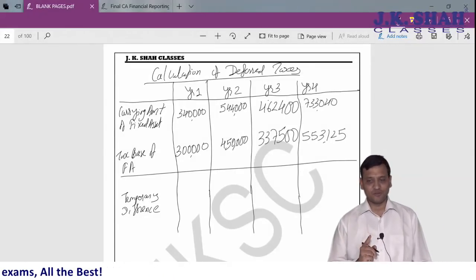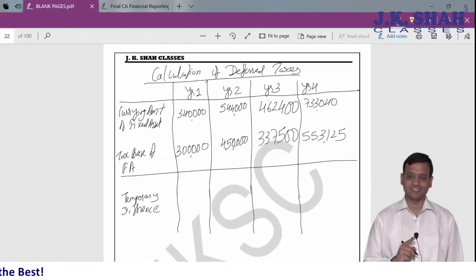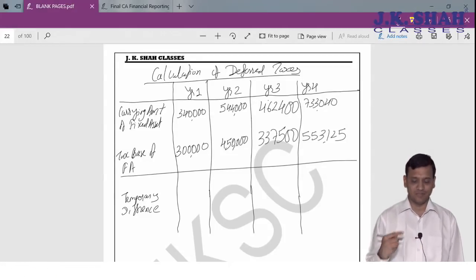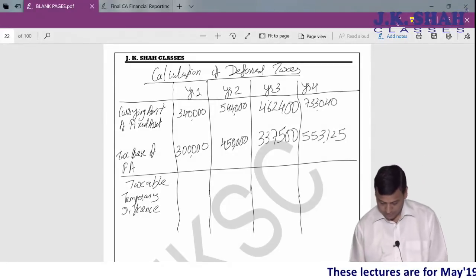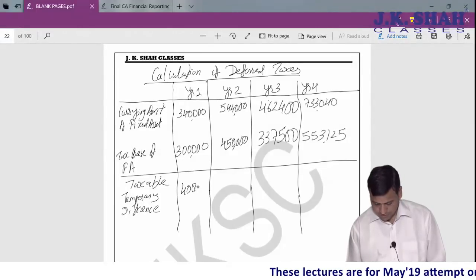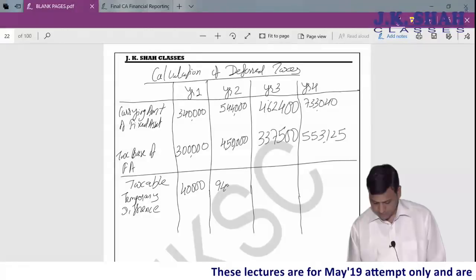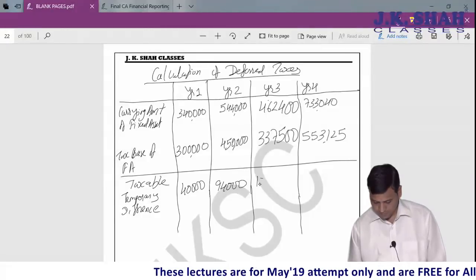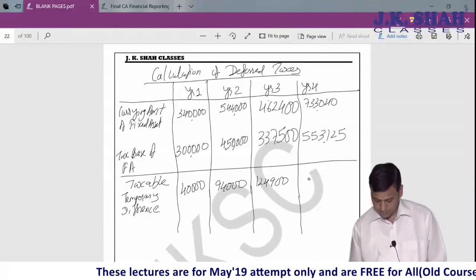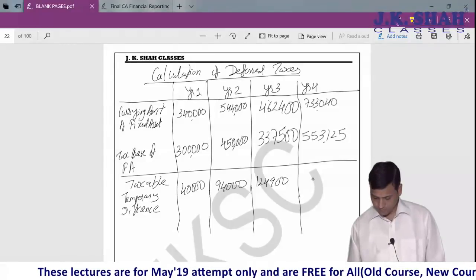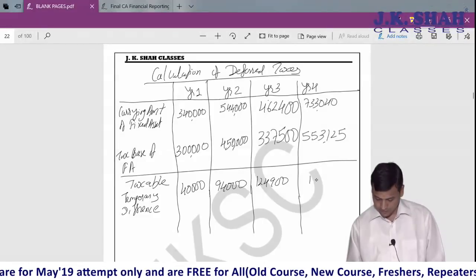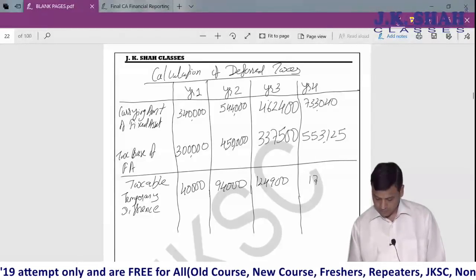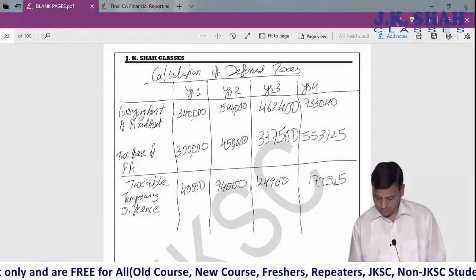When the carrying amount of the asset is more than the tax base of that asset, then we get taxable temporary differences. 40,000, 94,000, 1,24,900, 1 lakh 79,915. Just wait. Is this correct?